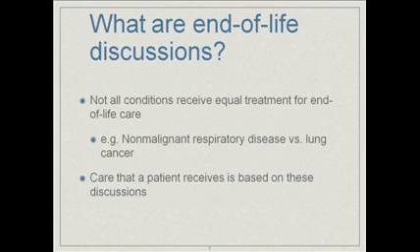So recent research suggests that not all conditions receive equal treatment in end-of-life care. Specifically, a researcher named Partridge and colleagues found that patients with non-malignant respiratory disease may have had less access to palliative care services than patients with other respiratory diseases, such as lung cancer.